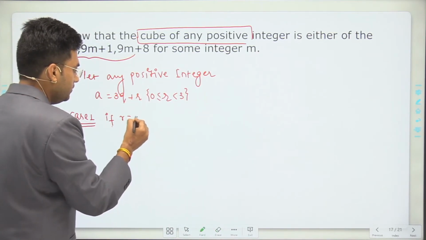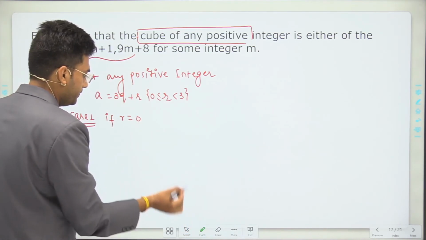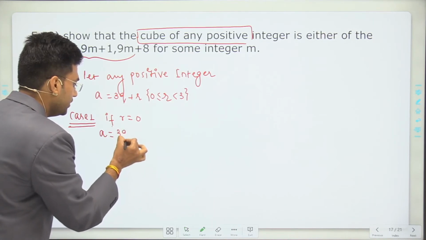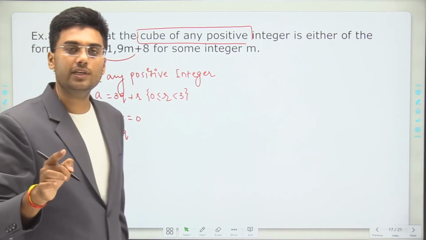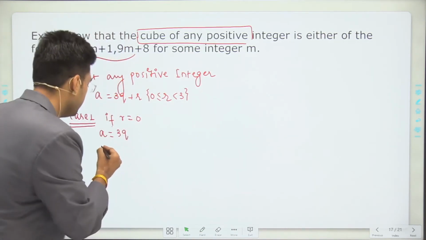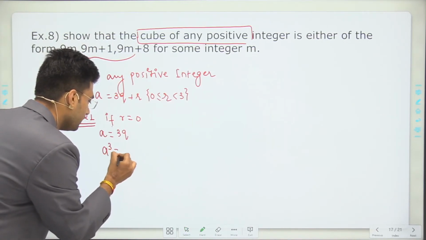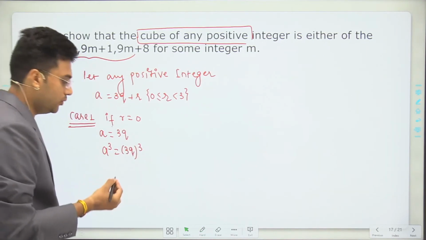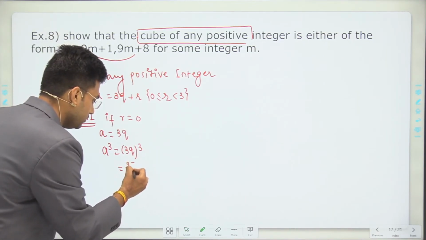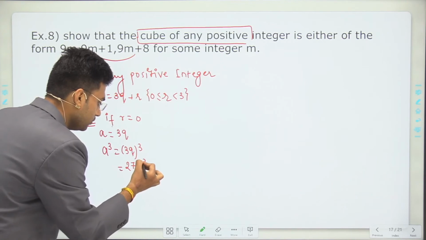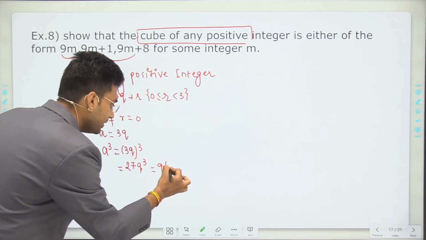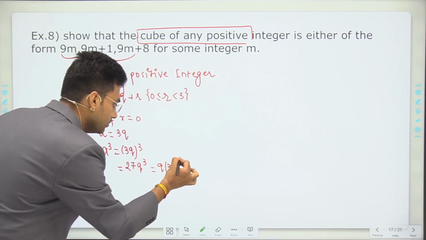If r is equal to 0, then a is equal to 3q. If a is equal to 3q, then a cube is equal to 3q cube, which is equal to 27q cube, and we can write it as 9 multiplied by 3q cube.